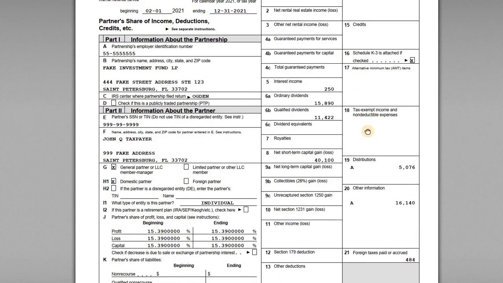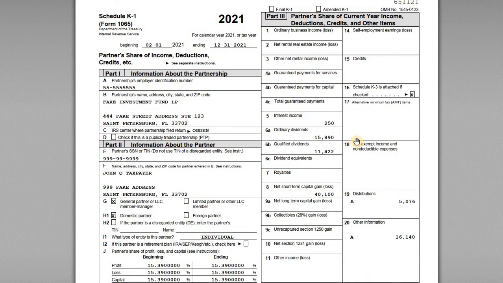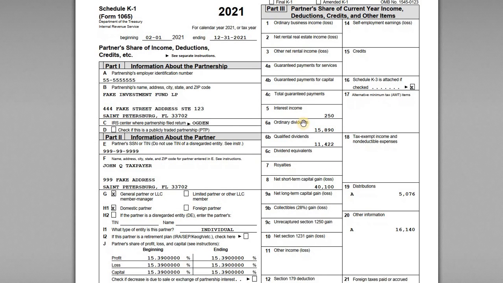Now remember, again, this is what is so great about the K-2 and K-3, is in looking at this on its face, we have no idea the source of this interest, right? Is it U.S.? Is it foreign? Is it a mix of both? Which is the case that we have here. Same thing with dividends, right? U.S. or foreign, what's what?